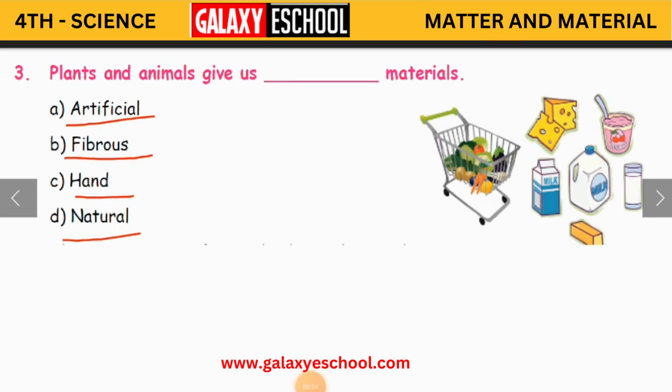What will be the answer, children? The answer is natural materials, because there is no pollution or artificiality in it. We are directly taking the material from the plant or an animal and using it in different kinds. That is why they are natural materials.